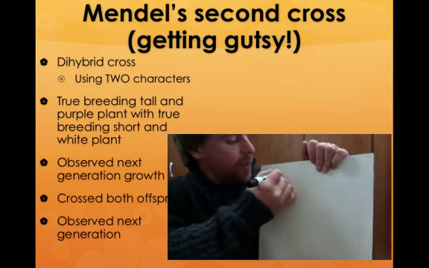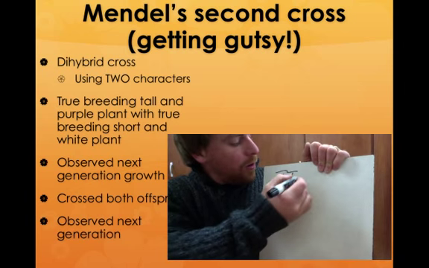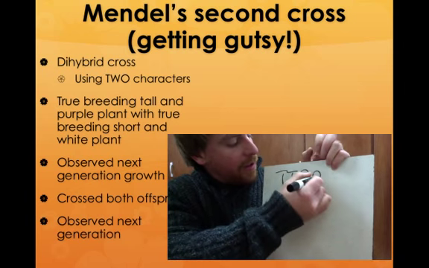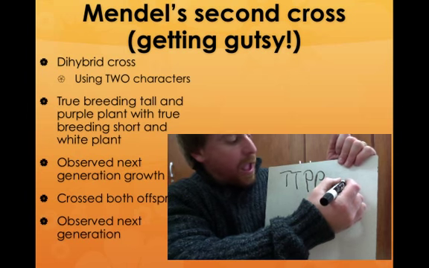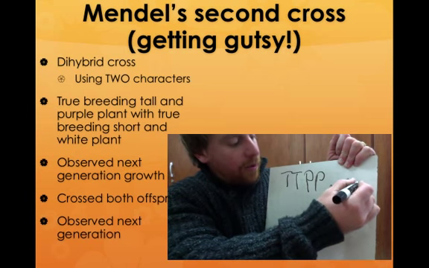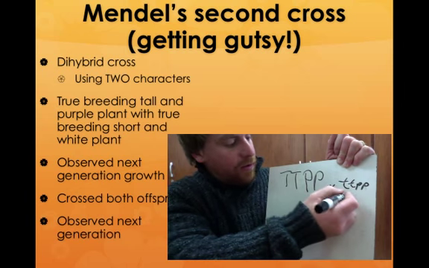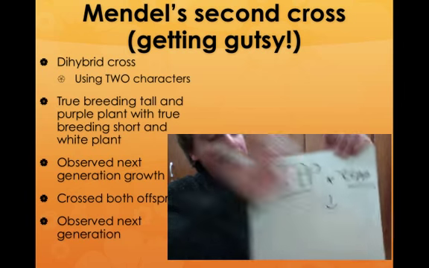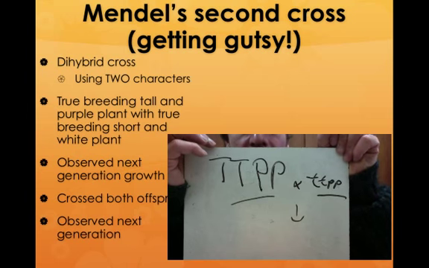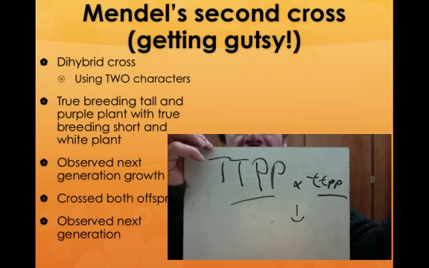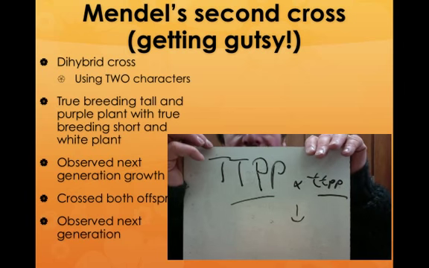So he took a pure breeding tall purple flowered plant and crossed it with a short white flowered plant with the recessive alleles. He basically did the same thing, and we're going to talk about what his ratios were. But that's Mendel's monohybrid cross, and that's Mendel's dihybrid cross.